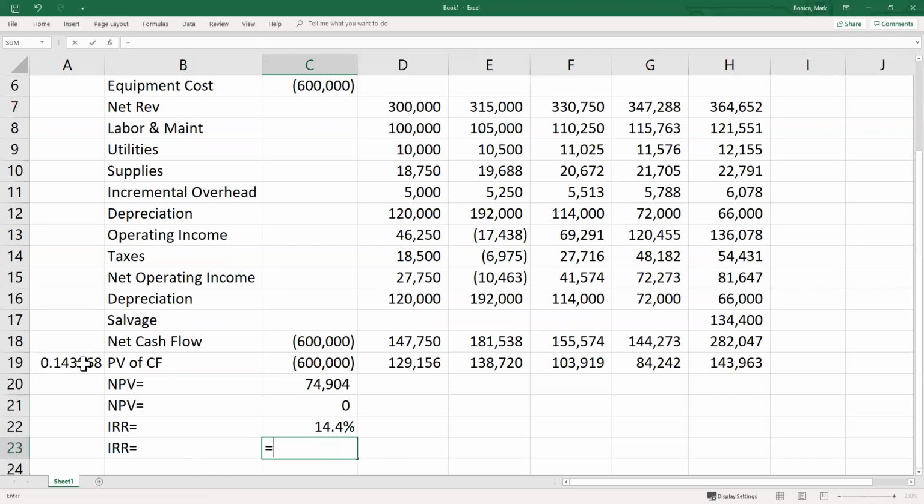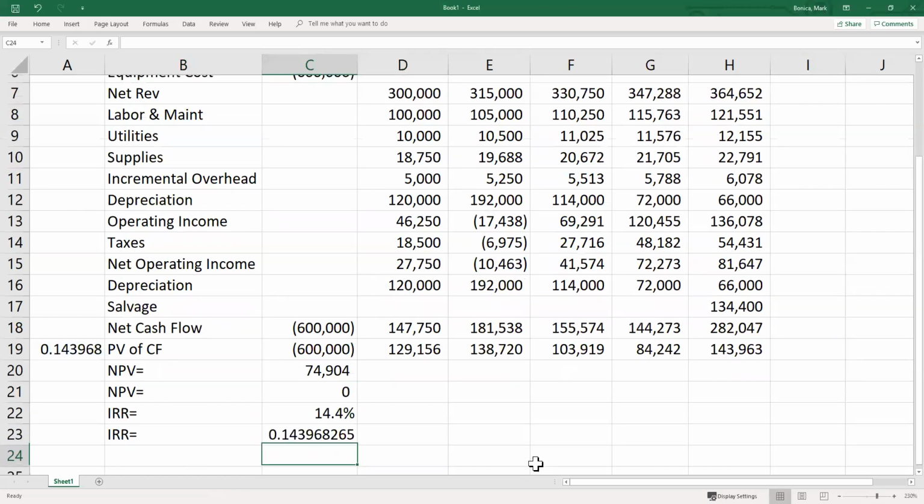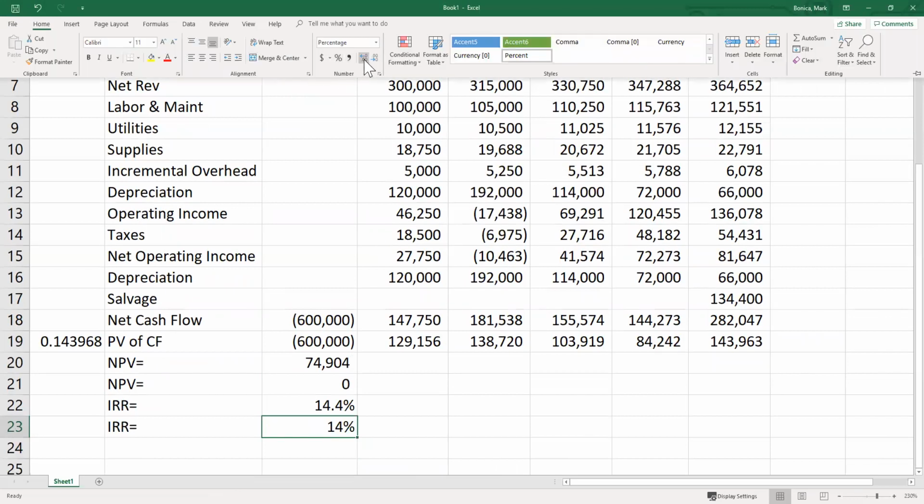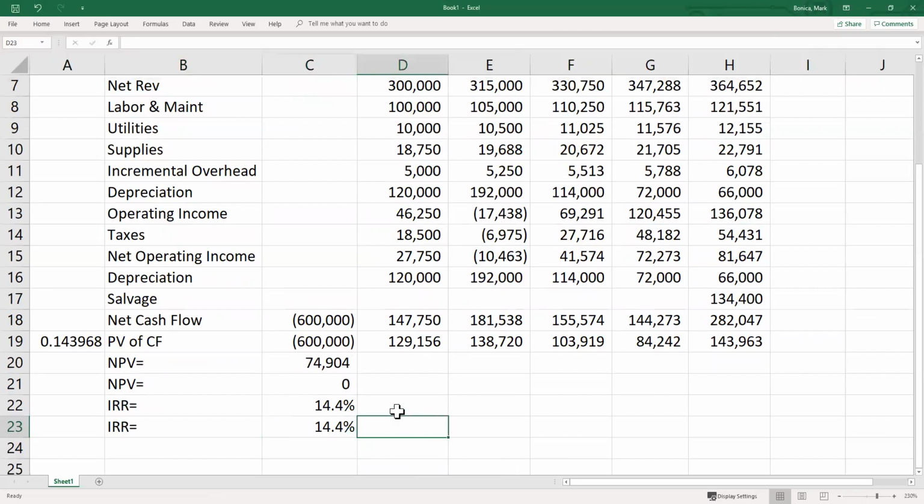So our other version here is 14.398, which if we convert to a percent, you can see we get the exact same result, just using a little more manipulation. So that is part B. And so that is 14.7.